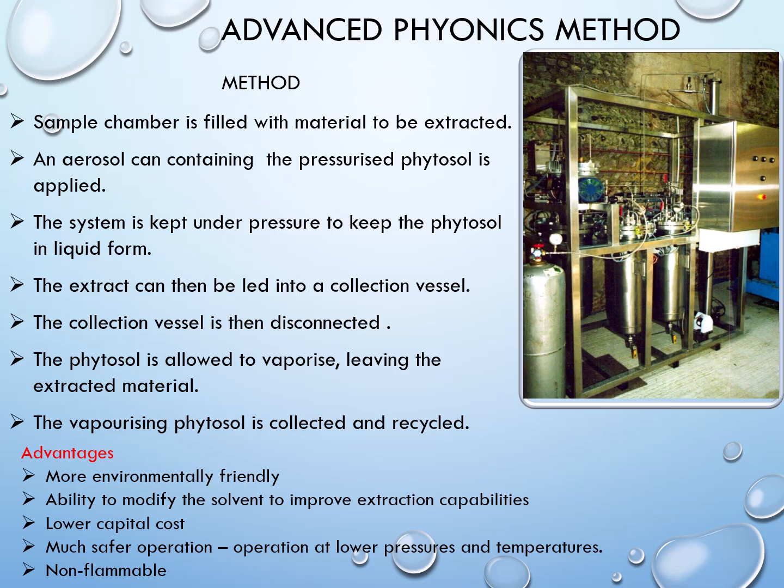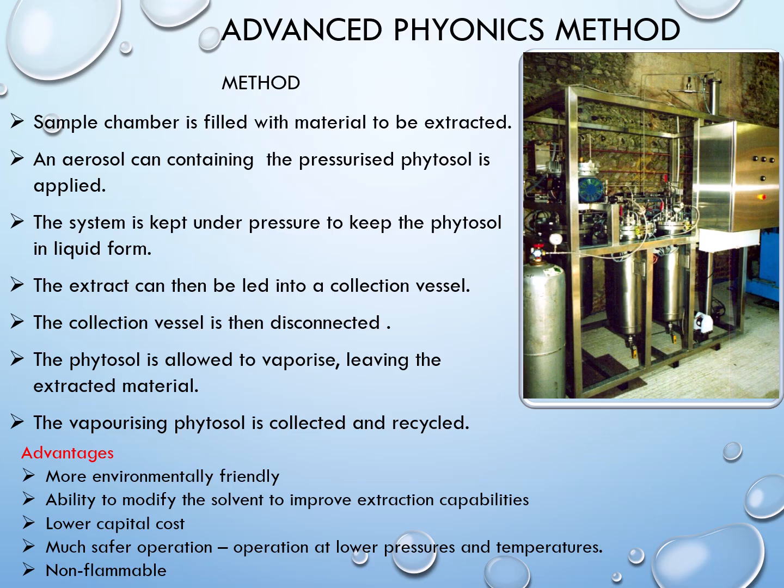While spraying, the phytosol will move through the plant material which extracts the volatile oil, and this phytosol is then led into a collection vessel. And in the collection vessel, the pressure is released. So what happens is, the phytosol is vaporized, leaving the extract material, that is nothing but the volatile oil. And the vaporizing phytosol is again collected and recycled.